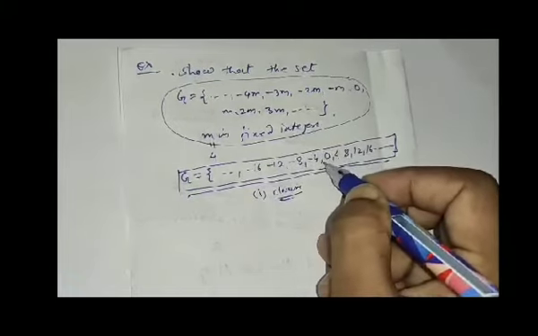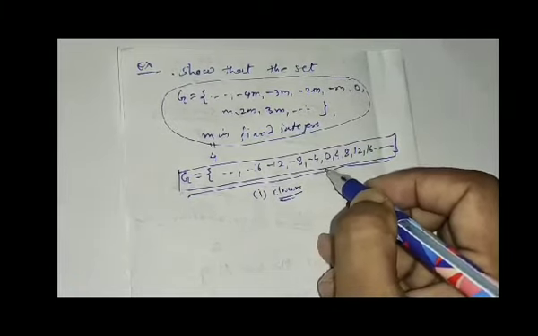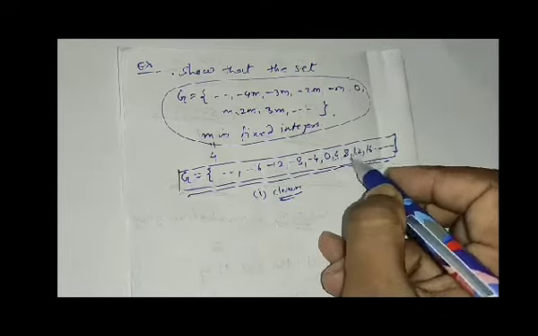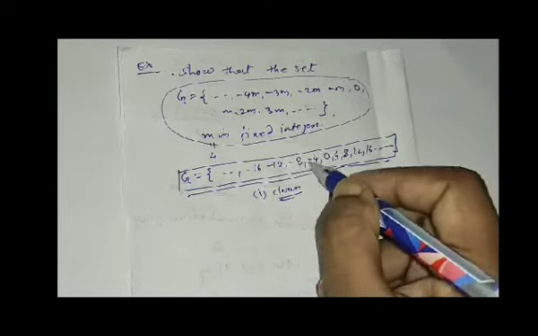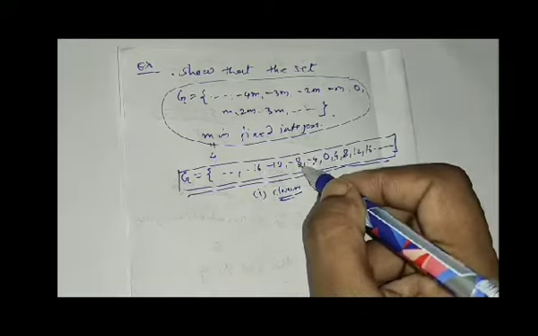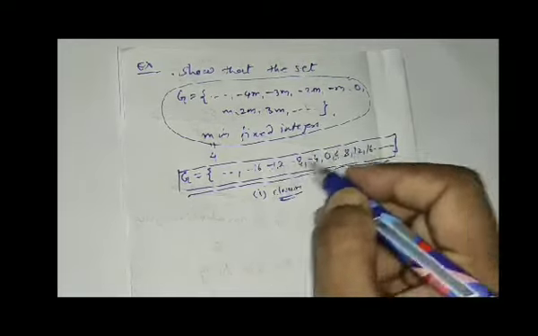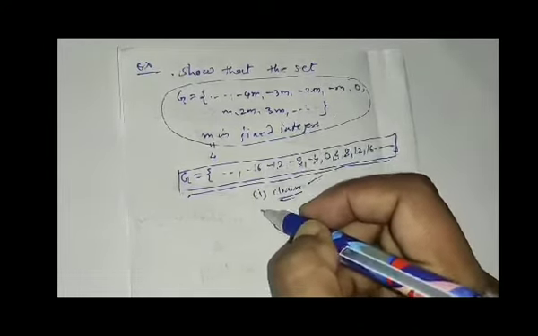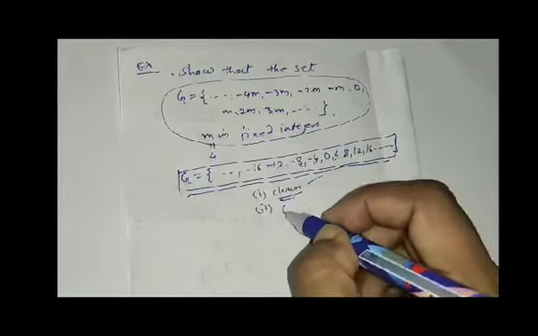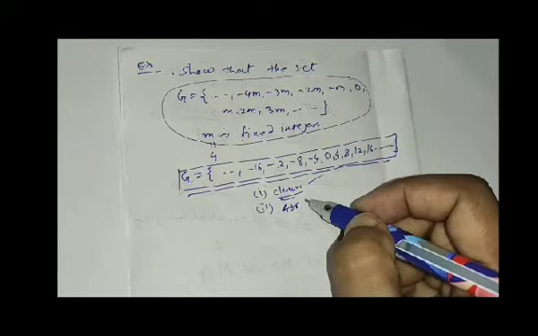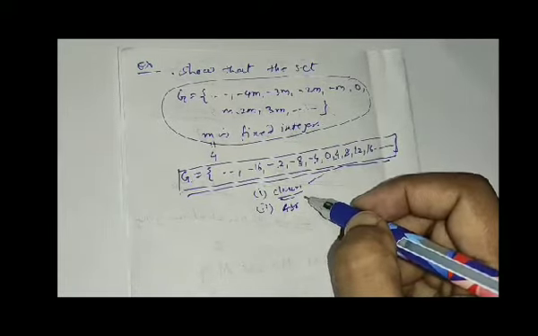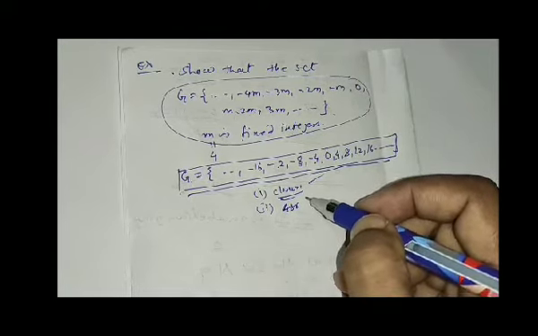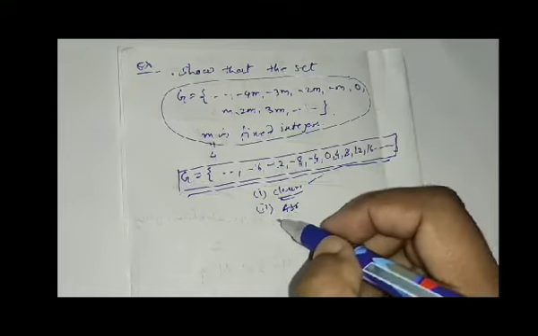That means the sum of any multiples of 4 is again a multiple of 4. 4 plus 8 is 12, and 12 is in G. Minus 4 minus 8 is minus 12. So the sum of any two numbers is again in G. So closure is satisfied. You can verify associativity. In any order, if we take the sum of the numbers, nothing changes, there is no doubt. So it is associative.